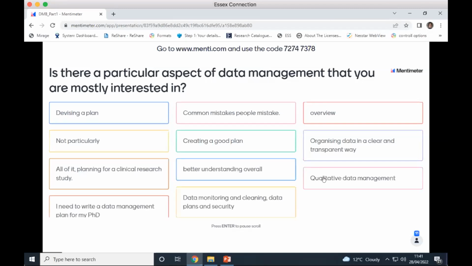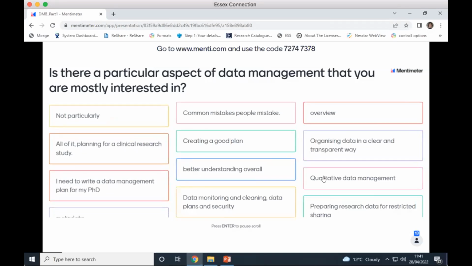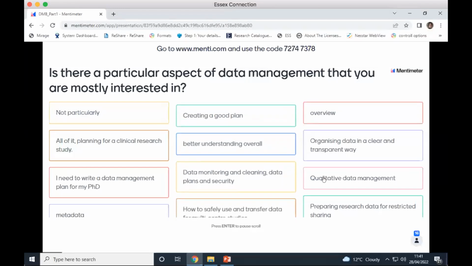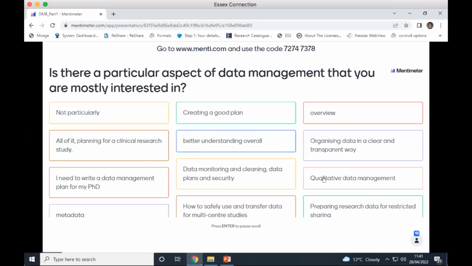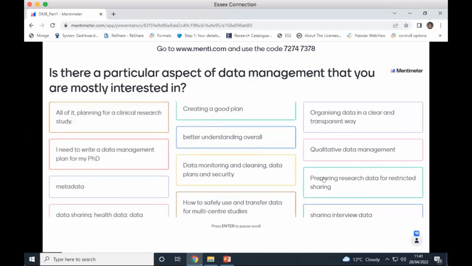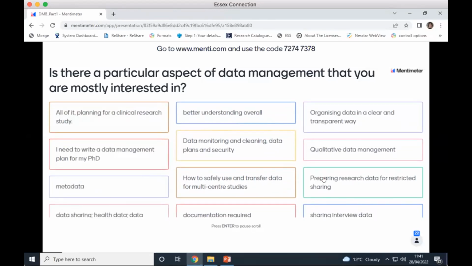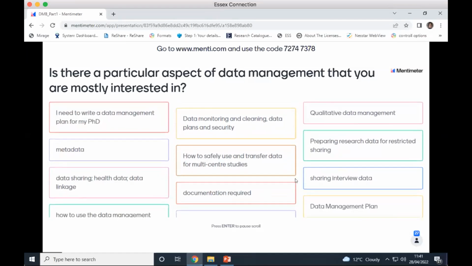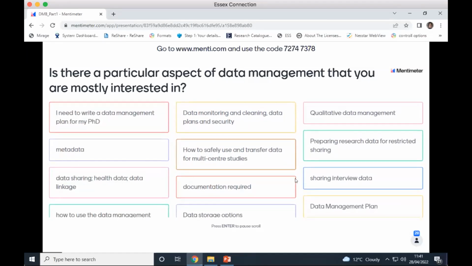I think you are perhaps referring to a data management plan. I know we only touched briefly on that, but as I said, we have further resources on our website on how to do that. I see quite a few answers about creating a good plan, so please make sure to have a look at the further resources I linked at the end of the presentation.